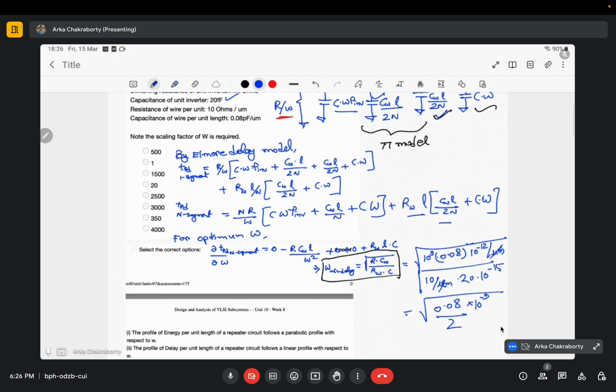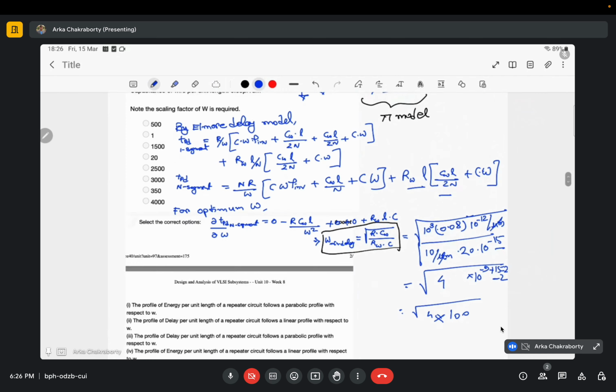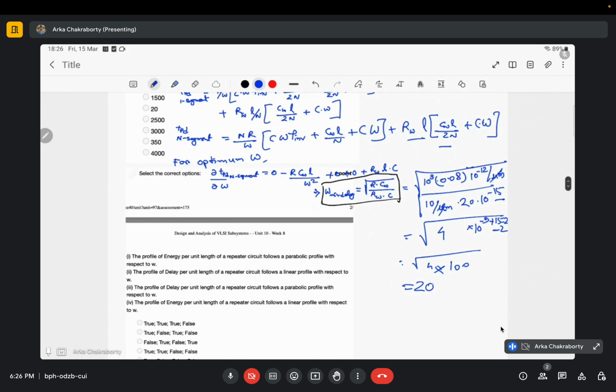So if I cut it, it will become 4, and plus 15 due to this 15, and minus 2 for the zeros. So how much am I getting? I am getting 4 into 10 to the power 15 minus 9, which is 100. So it is root under 400, which is equal to 20.